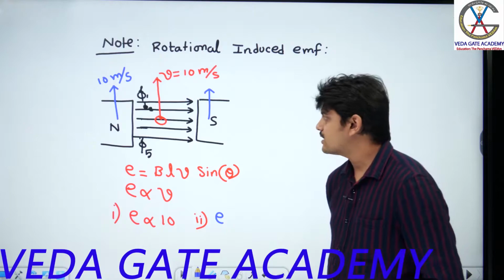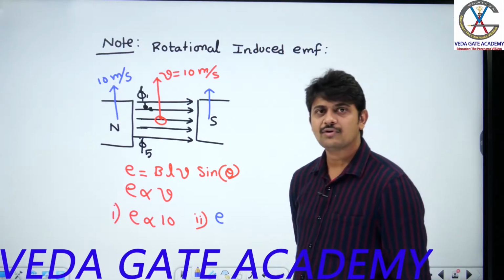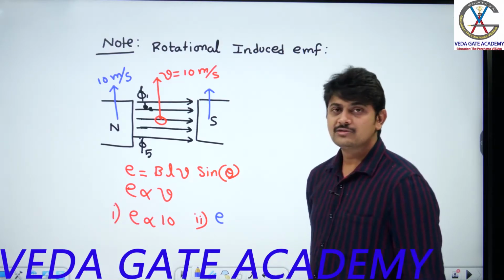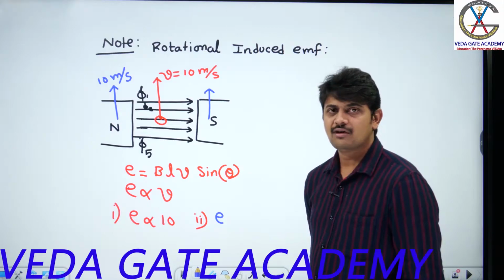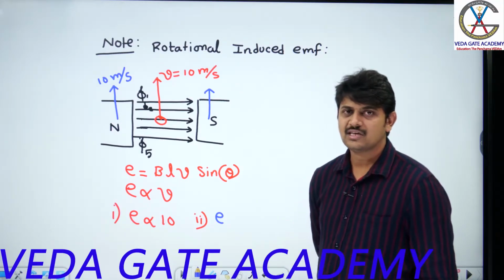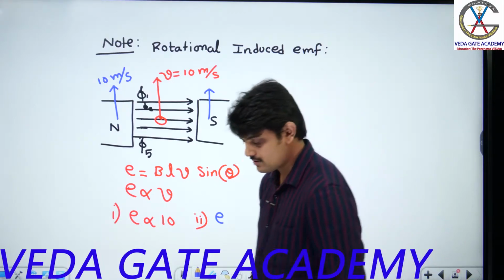What is the second case I am discussing, guys? My conductor is moving in the upward direction with a velocity of 10 meters per second, and my magnetic field is also moving upward with a velocity of 10 meters per second. Is there any change in flux linkages in this case? No change in flux linkages will happen. Why?